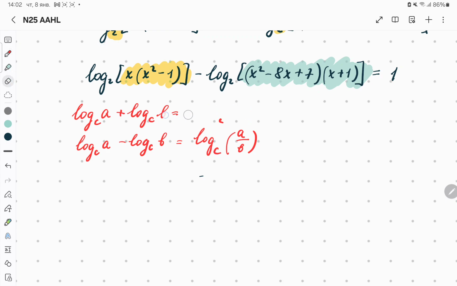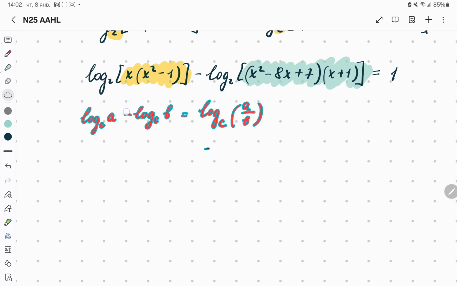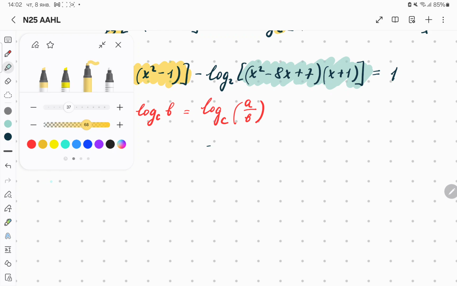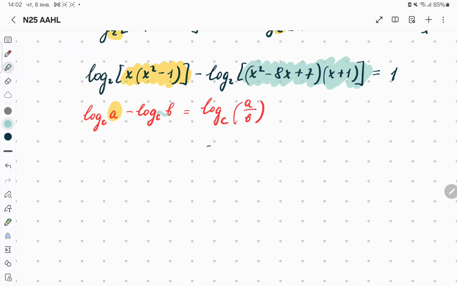We will use this second formula. So let's use this formula. Our a is the one in orange. So this is our a and this is our b. So you see the connection.